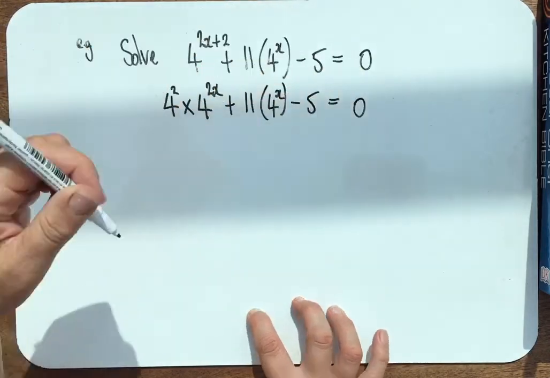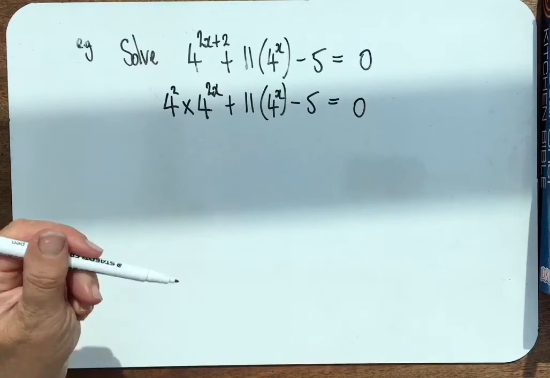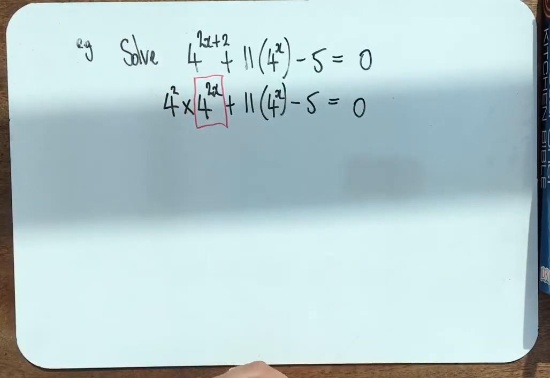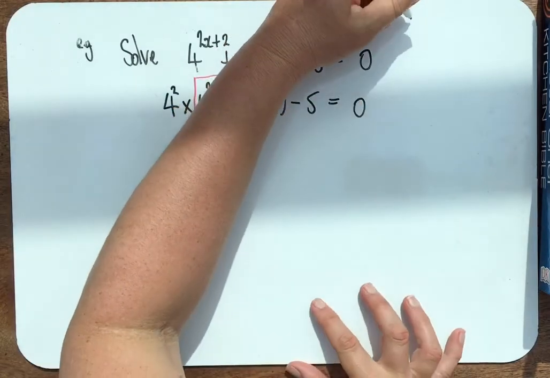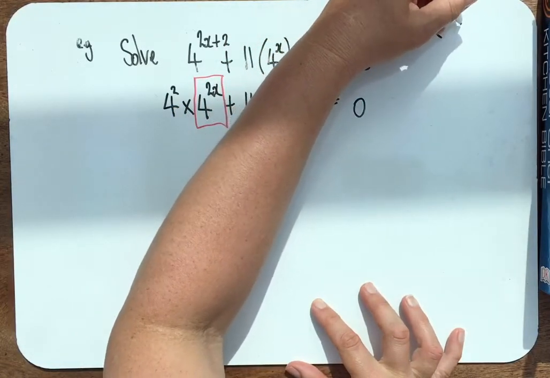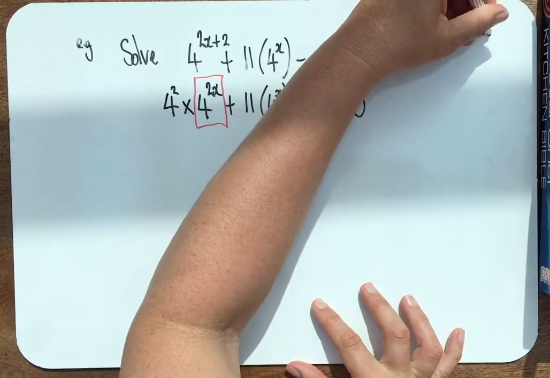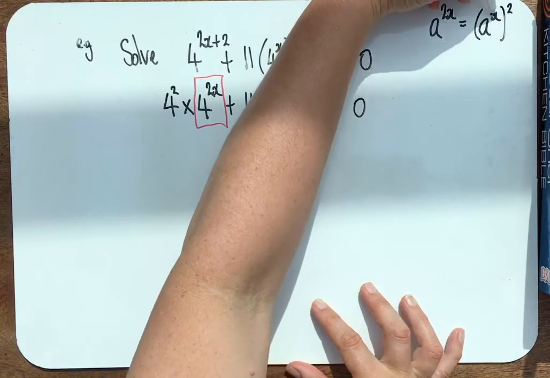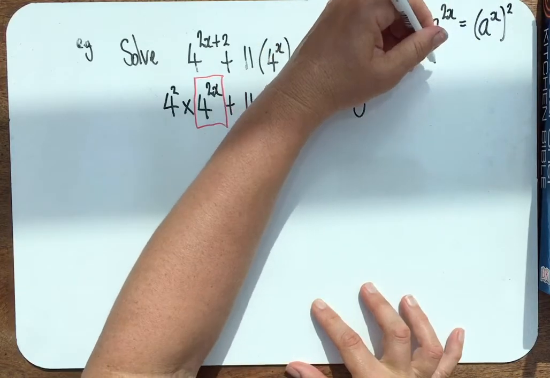And then the bit to look out for is actually here. So if you have a to the power of 2x, so any number to the power of 2x, I can write that as a to the power of x, squared, because when you do a power to a power, you multiply.